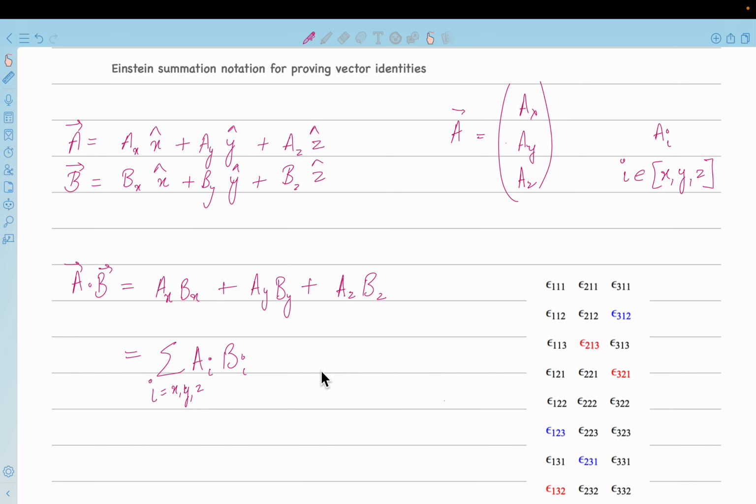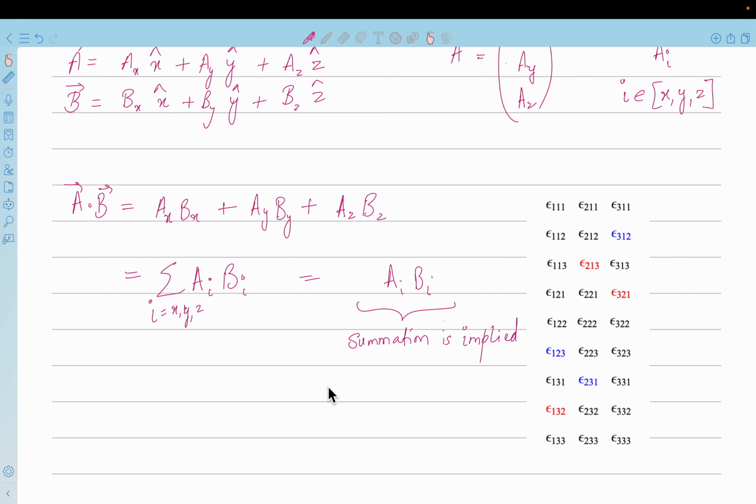Now a shorthand notation is that I will just write ai bi and the summation is implied. So anywhere you see it written ai bi, there is a repeated index, right?